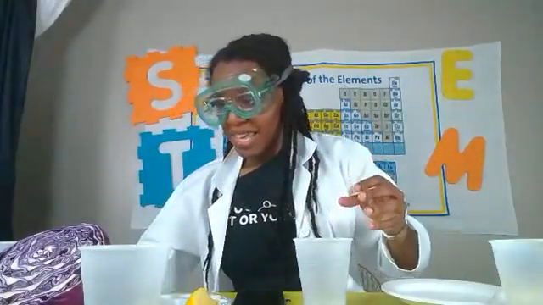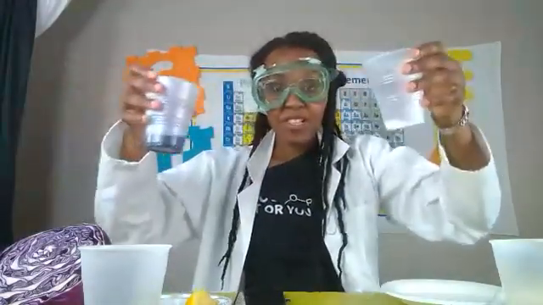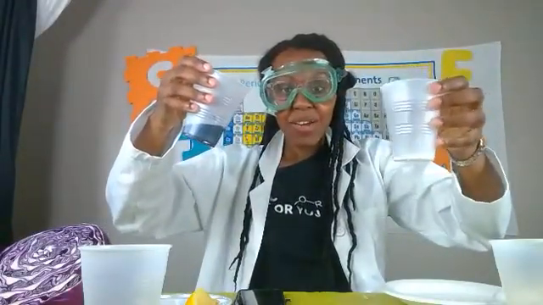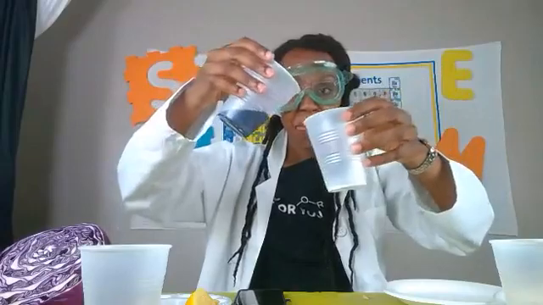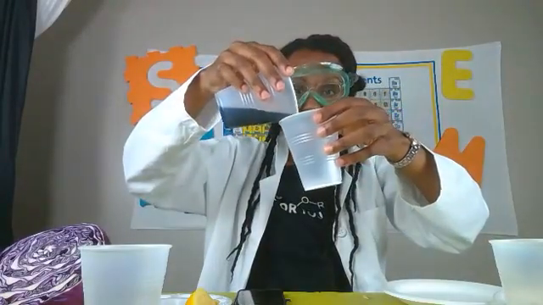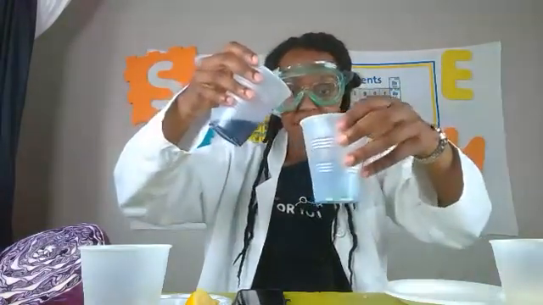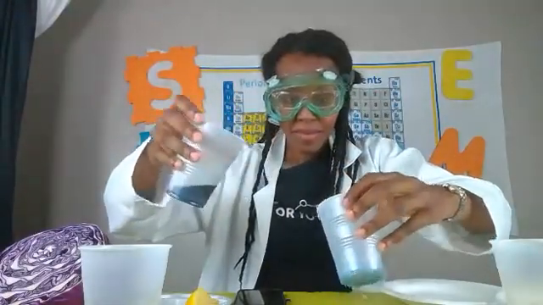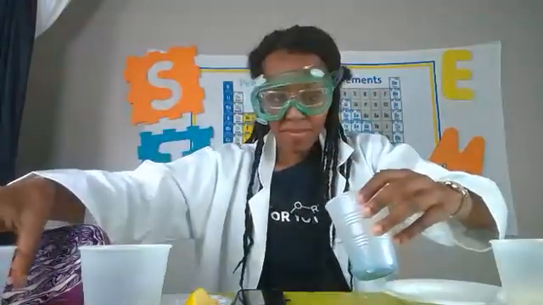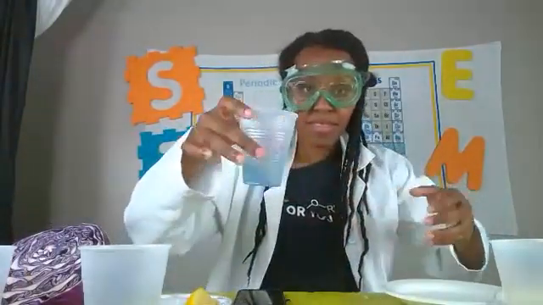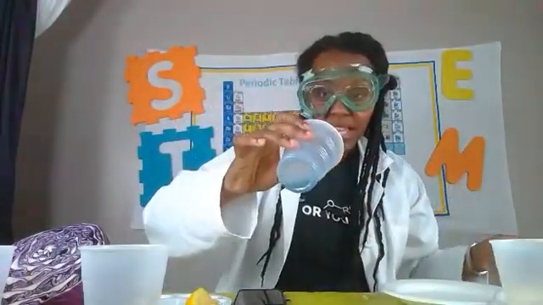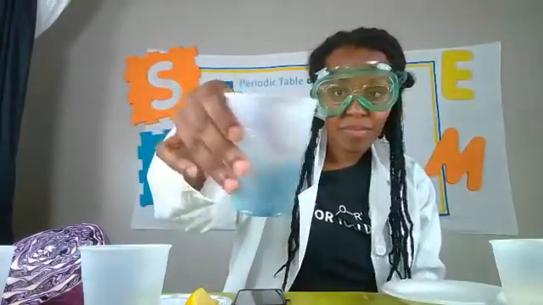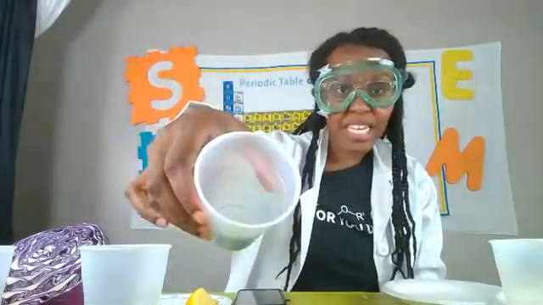All right, and we're gonna pour some cabbage juice. So we always make a hypothesis. Do you think it's an acid or do you think it's a base? Let's find out. Let's mix it up. All right, that looks almost like a teal color, kind of green.